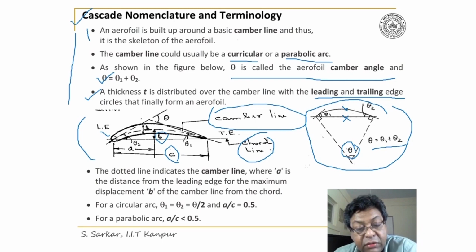Thus, for a circular arc, theta 1 must be equal to theta 2 is equal to theta by 2, and A by C is equal to 0.5. Similarly, for a parabolic arc, A by C would be less than or equal to 0.5.